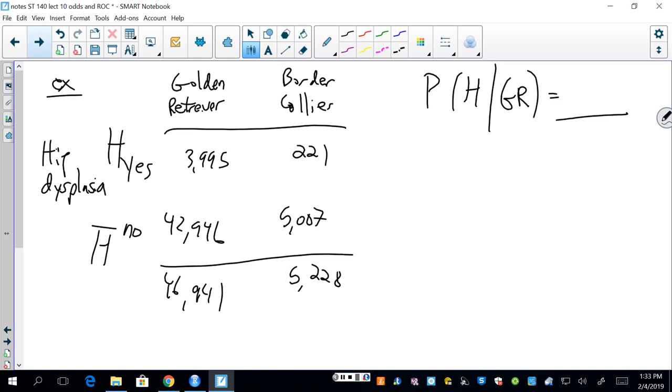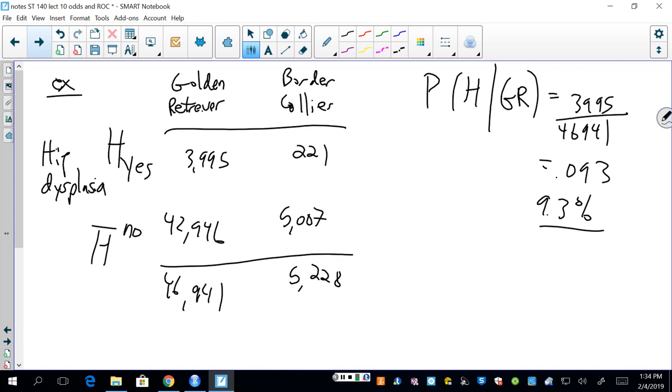So among the golden retrievers, 3,995 out of 46,941 have the problem, which is 0.093, or about 9.3%.